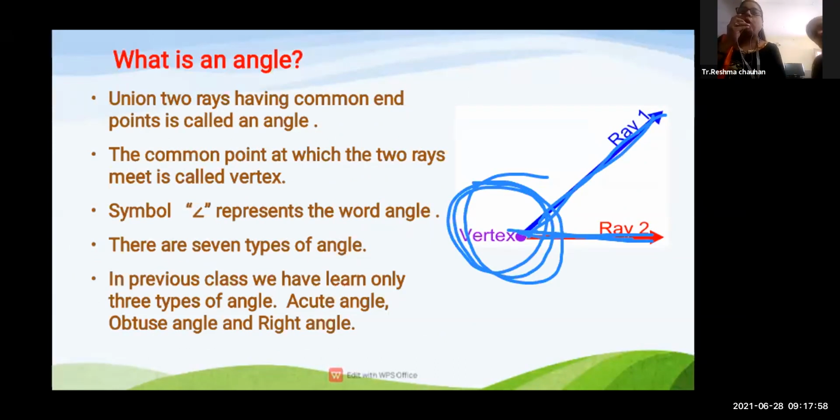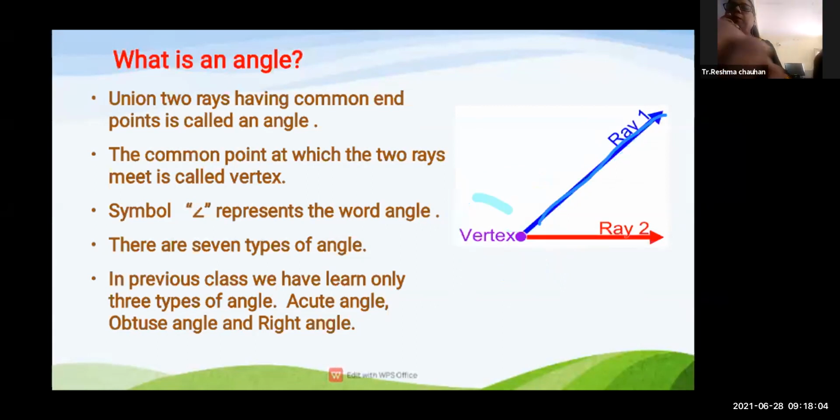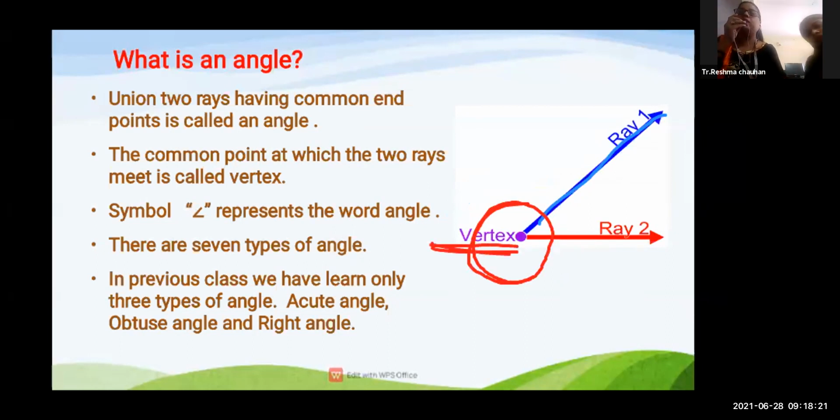The common point at which the two rays meet is called the vertex. These two rays meet at one single point, and that is called a vertex.